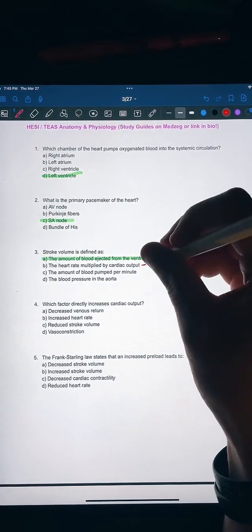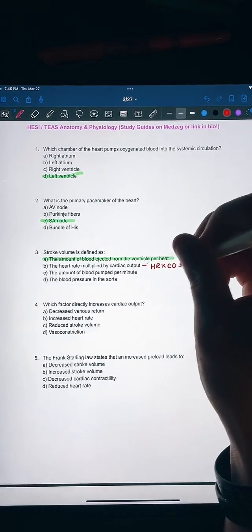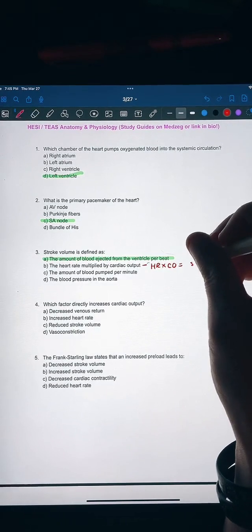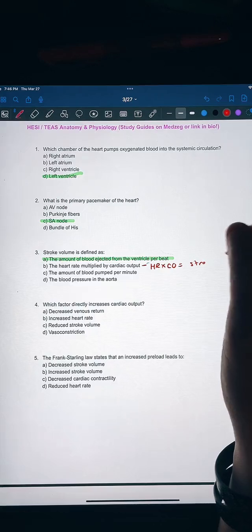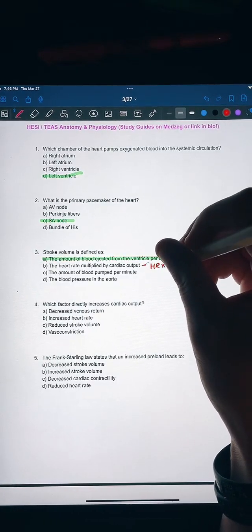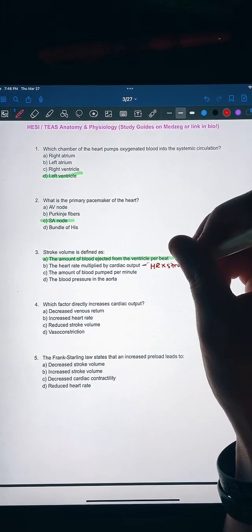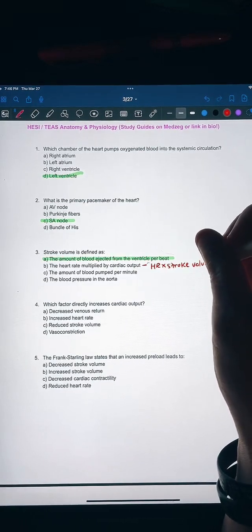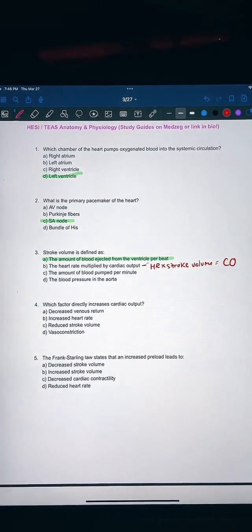I'm so sorry. So heart rate times stroke volume is our cardiac output. So that's why this one's false. Sorry about that. I got my words tripped up.